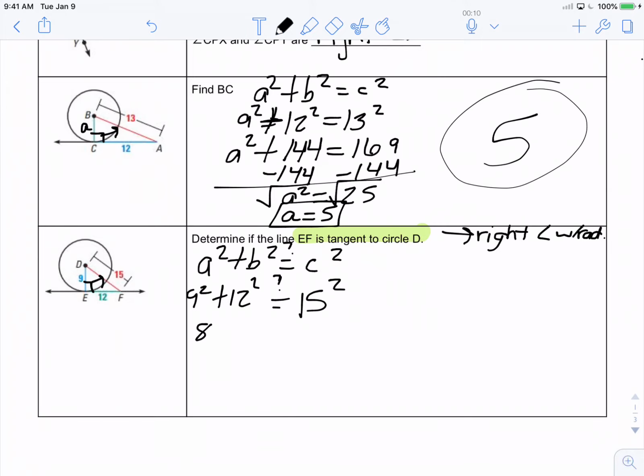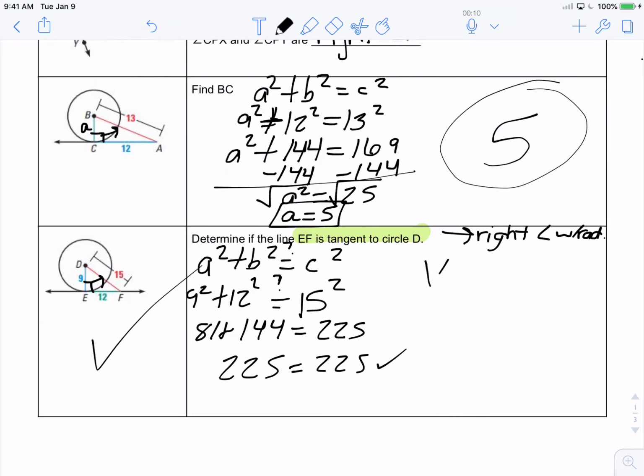So 9 times 9 is 81, 12 times 12 is 144. 15 times 15 is 225. 81 and 144 is 225. So yes, that is true. So yes, EF is tangent to circle D.